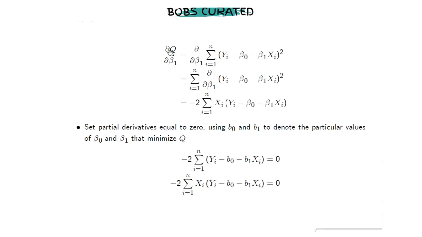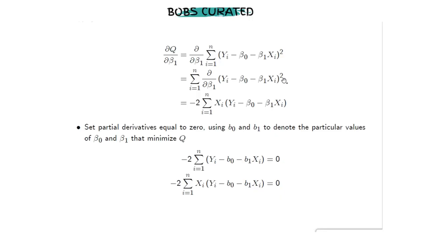Then the partial derivative with respect to beta 1 is exactly the same thing, but if we apply the chain rule part and take the partial derivative of what's inside here with respect to beta 1, we are going to have a negative xi. So that's why we have this negative xi over here. And remember, the 2 is simply from taking the derivative of that whole, we can call it, bracket over there.